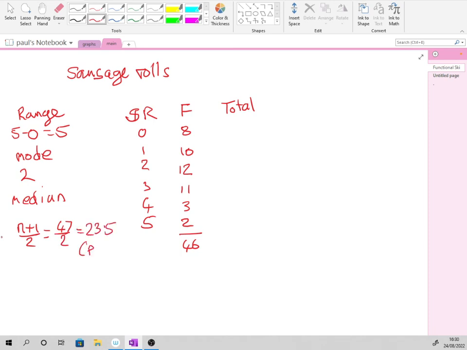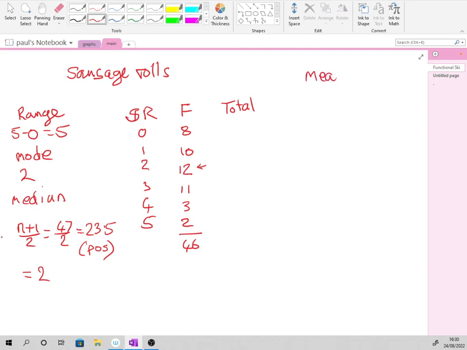And remember, that's our position. So we've got to count from the top or the bottom until we get to 23.5. So 8, 18, that goes up to 30, doesn't it? So it's going to be in here. That's where the middle is. Go to the left and it's 2. So the median equals 2 sausage rolls.